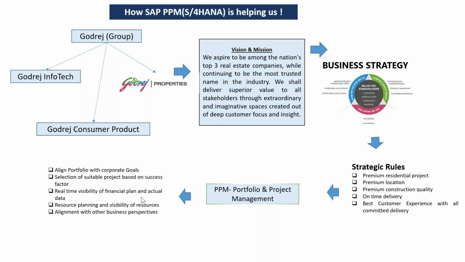And next is resource planning and visibility of resources. In the initial stage you can do the resource planning, and in a later stage you can see exactly how much is consumed and what the exact status is. Alignment with other business perspectives: you can align with other business scenarios and integrations. So in all these places PPM is helping us.